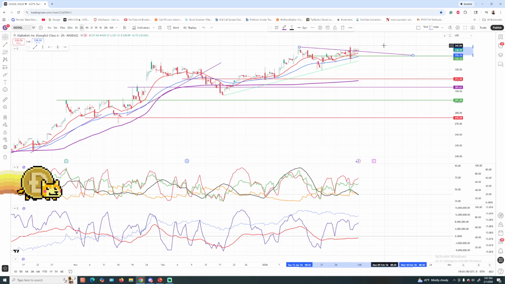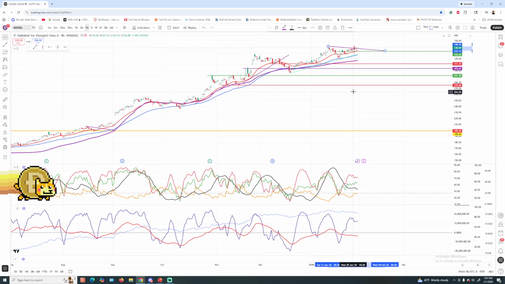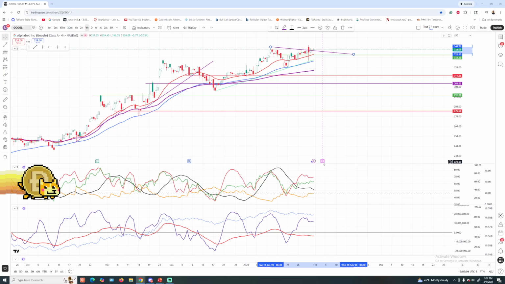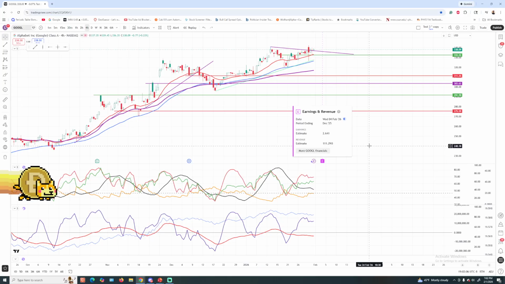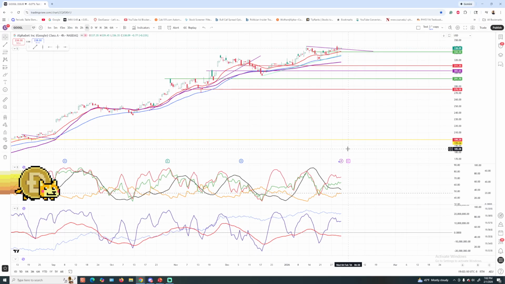So I'll probably look into calls. If it stays above this purple line, I'll probably do calls, unless it creates a 4 hour resistance, which it is. So that's a bit nerve-wracking. Also, earnings is coming up too, so I'll probably just avoid Google, but it'll probably be calls going into earnings though.